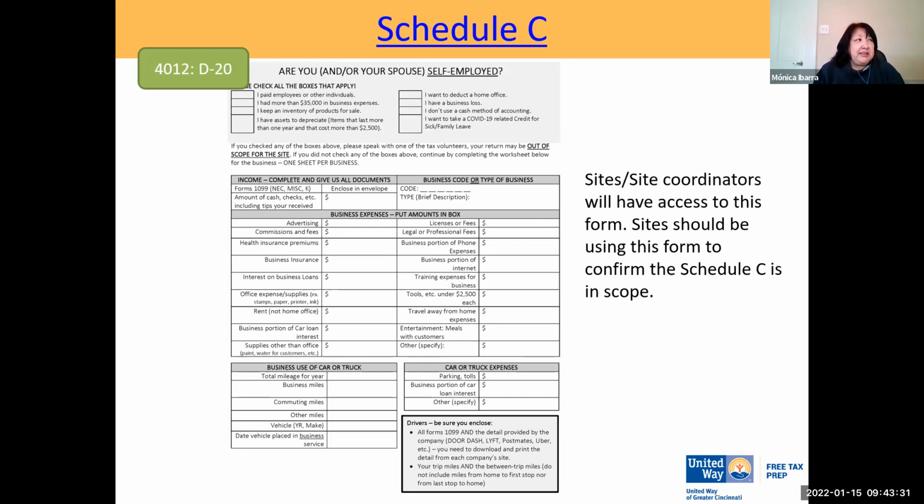A home office has to be used exclusively for business and for nothing else. If you have a business loss, also out of scope. Do not use a cash method of accounting, or want to take COVID-19 related credit for sick and family leave. All those things are out of scope for our VITA sites.